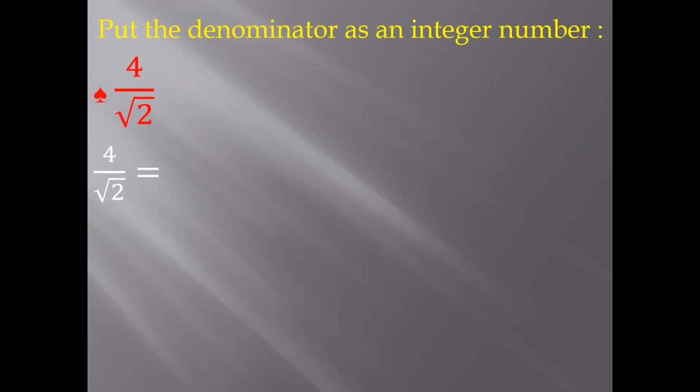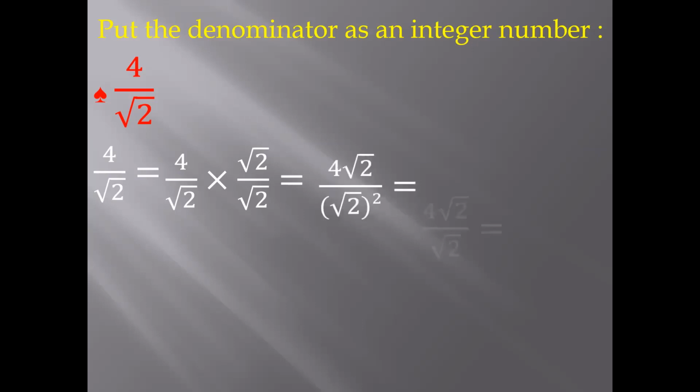Multiply the fraction up and down by root 2 over root 2, because root 2 over root 2 equals 1 and 1 can't change the answer. It will be the same. So the answer will be 4 root 2 over root 2 times root 2. 4 times root 2 equals 4 root 2, and root 2 times root 2 equals 2. So the answer will be 4 root 2 over 2, equal to 2 root 2.